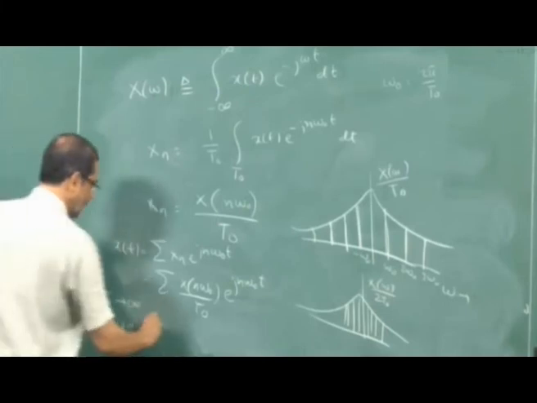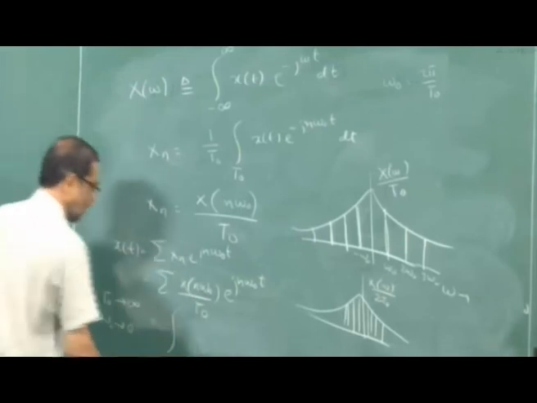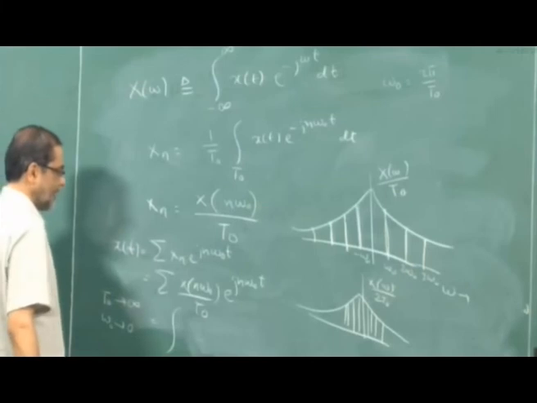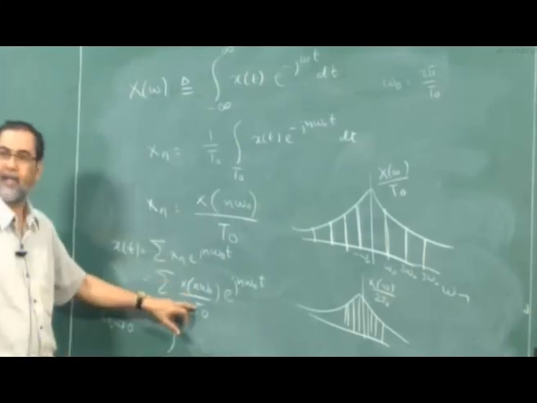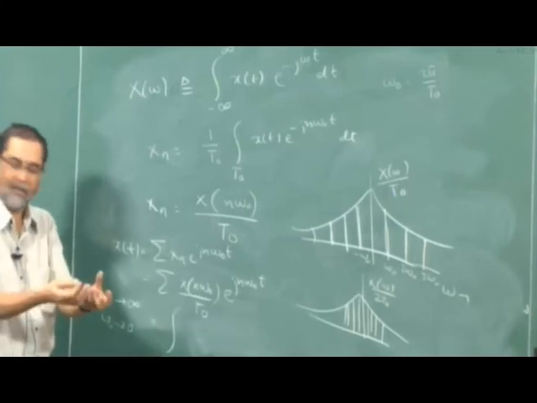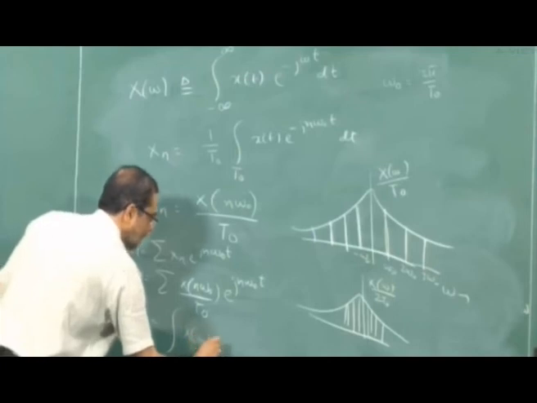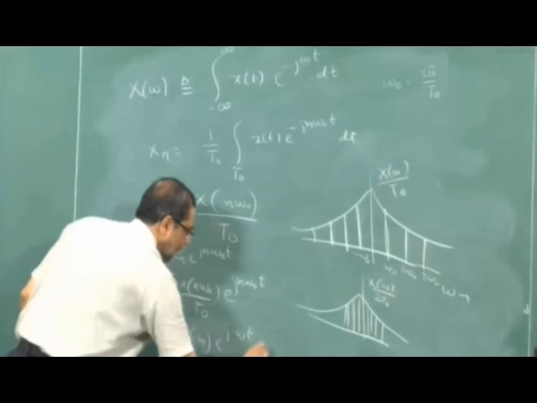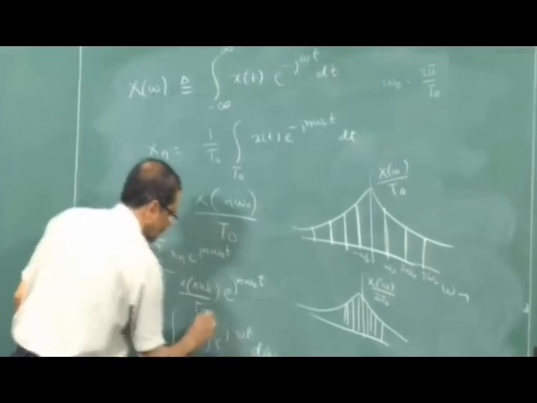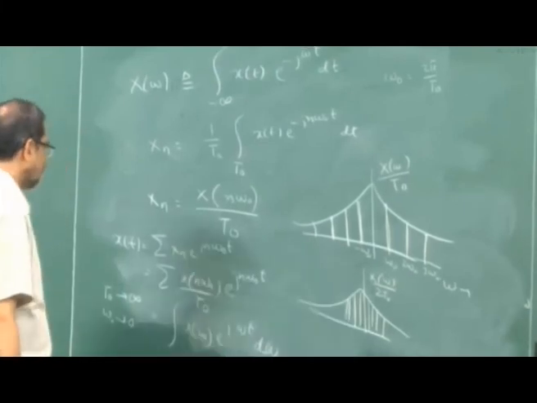If you use that, in the limit summation becomes an integration, right. T naught is very large, so 1 by T naught is infinitesimally small, so you get x of omega e raised to j omega t and d omega, because 1 by T naught is extremely small, so it is d omega.